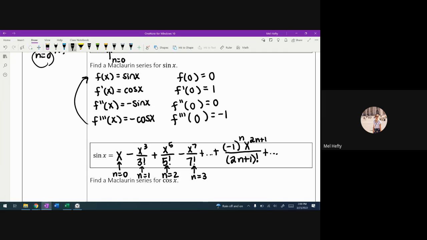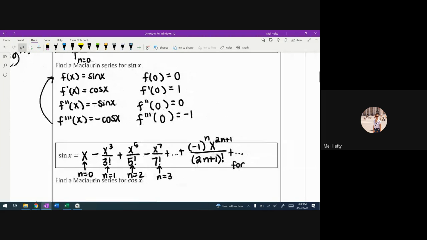So kind of just testing out some stuff. A good way to find it: the exponents go up by 2 every time, so think like a slope of 2. So the 2n, and then to adjust to get 1 on our first term, we would need the 2n plus 1 to get the first degree term there. All right. This again is true for all x values, -infinity up to infinity.